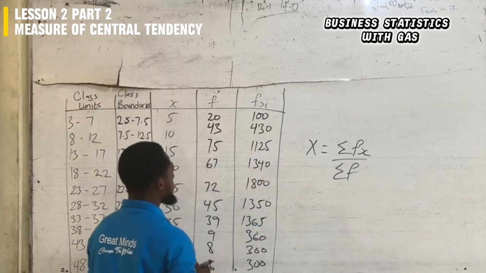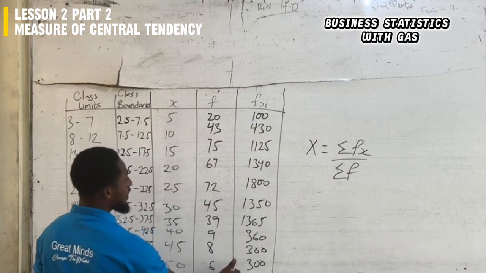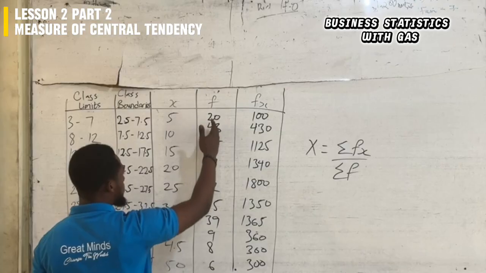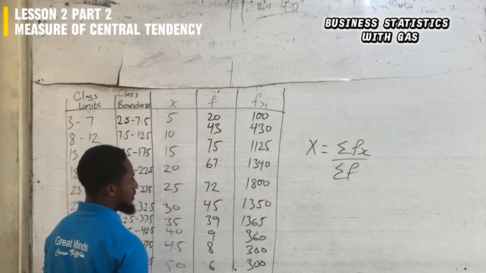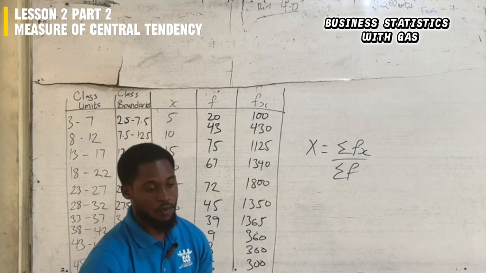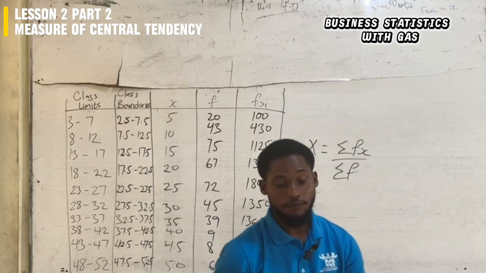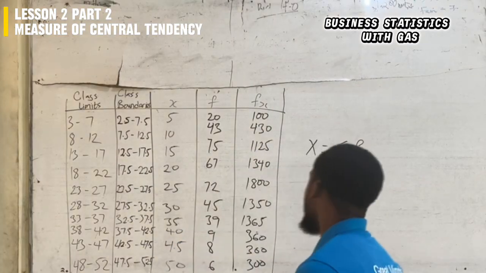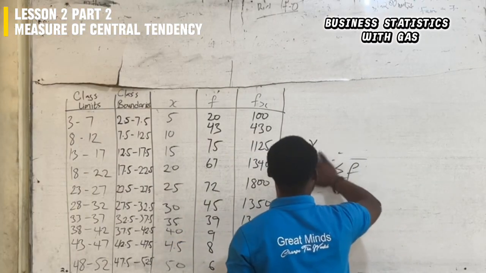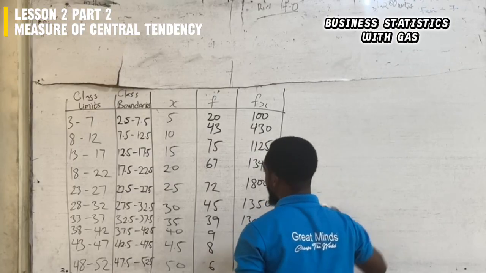The sigma fx is the total of the fx, and the sigma f is the total of the f. That is what we did for the arithmetic mean. We move on to assumed mean, which is method 2.